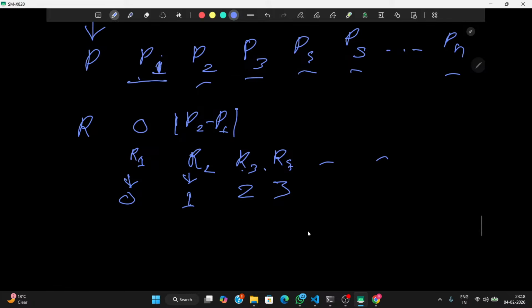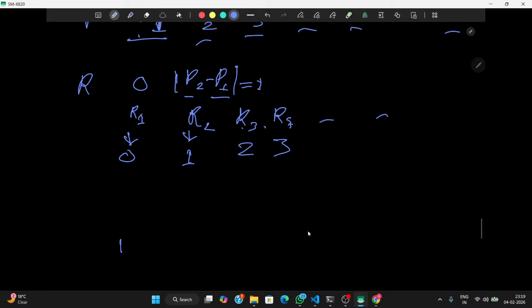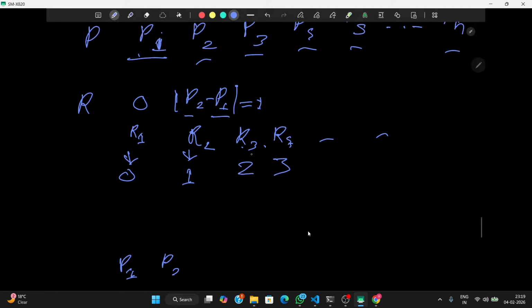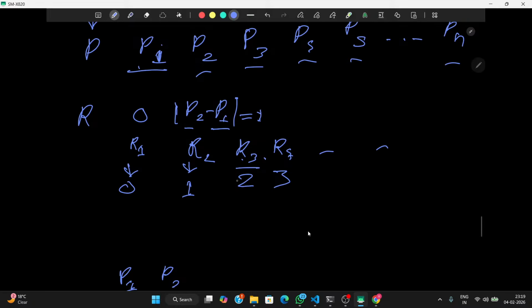Let's say R1 is 0, and for R2 to be 1, the difference between P2 and P1 should be 1, right? The difference between P1 and P2 should be 1. That means when we sort the array, then P1 and P2 should be adjacent elements. And now similarly, when we move to R3, R3 should be 2.